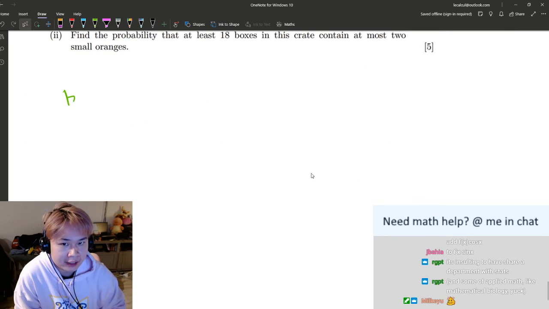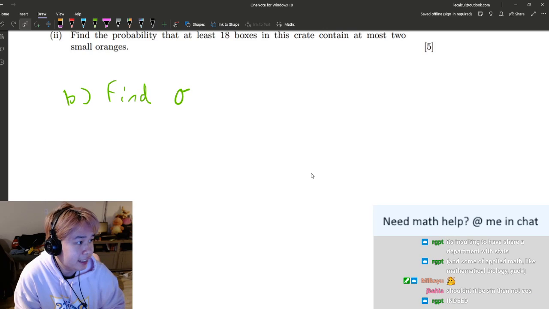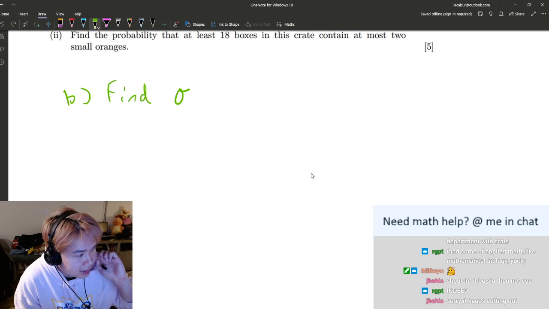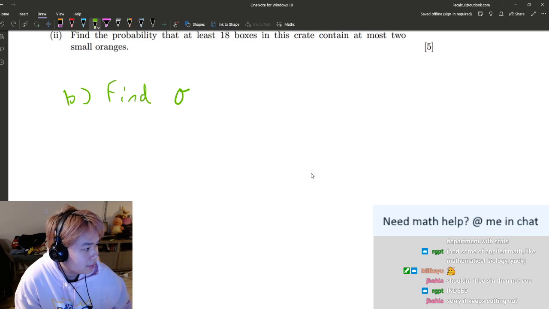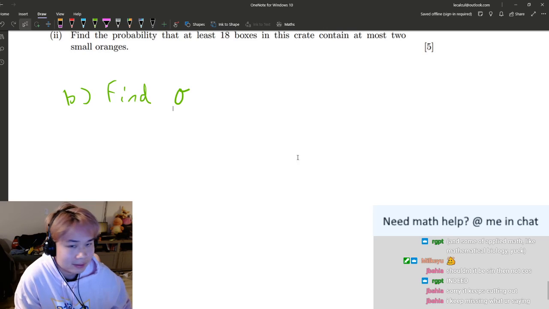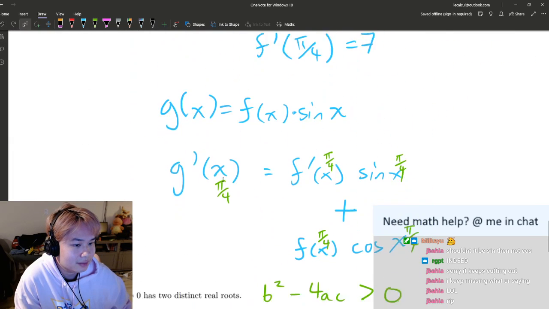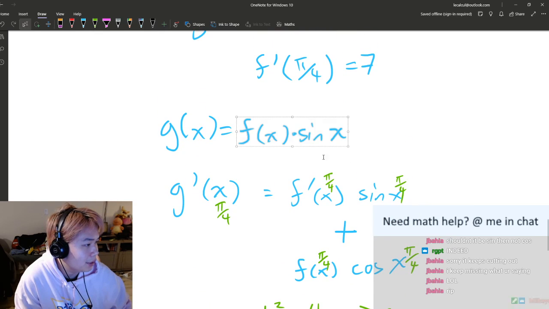Okay, so for part B, we need to find standard deviation. Shouldn't it be sine? No, sine is the original function. You just do product rule on this.